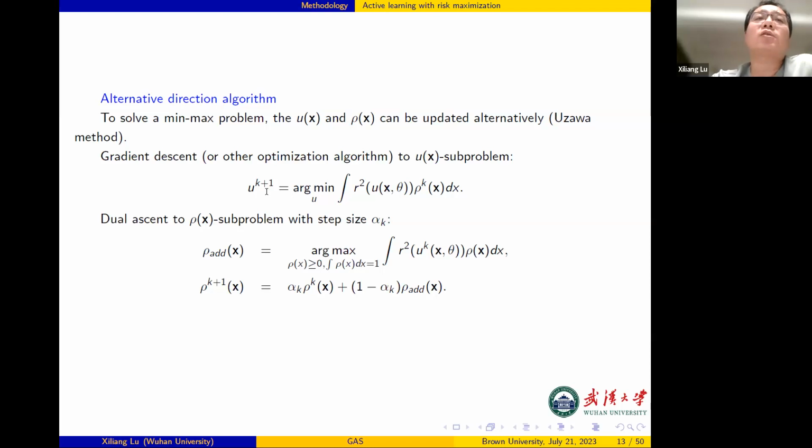Once we have u^{k+1}, we use dual ascent on the rho subproblem. Dual ascent means we update rho by solving this maximization problem approximately, with a certain step size. So basically, this is the Wuhan type method: gradient descent on the primal variable and dual ascent on the dual variable.